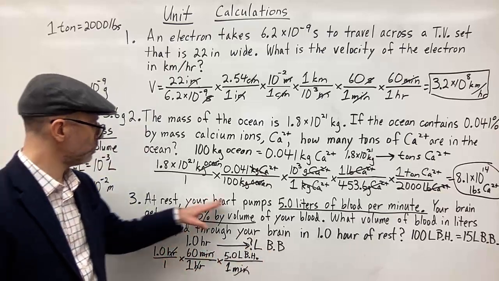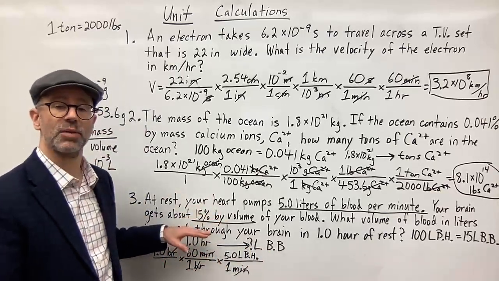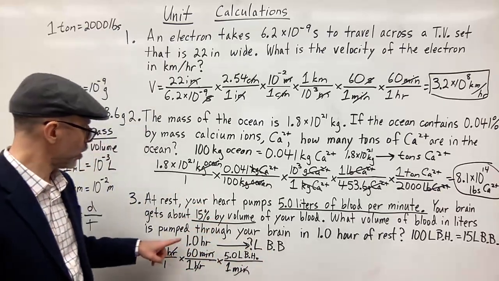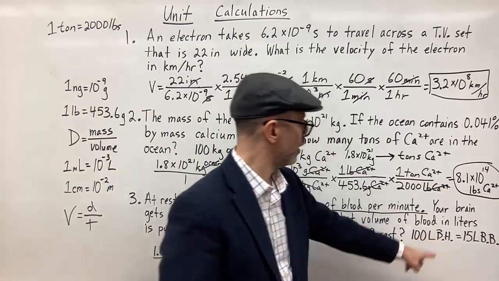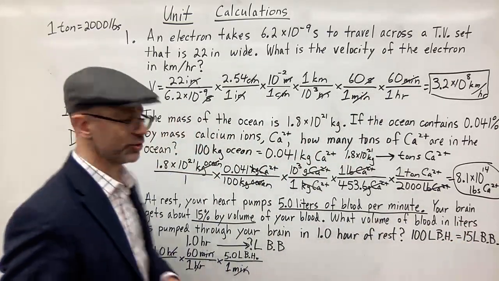This is where the percentage is going to come in as a conversion factor. I know that for every 100 liters of blood to the heart, 15 liters of blood goes to the brain.